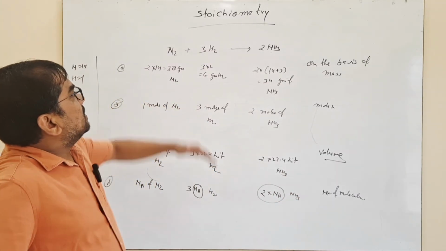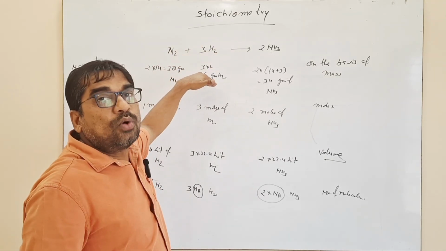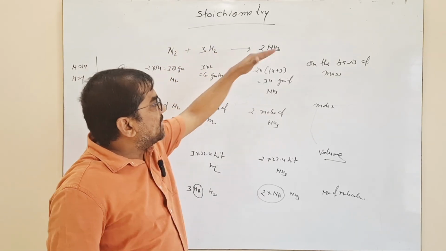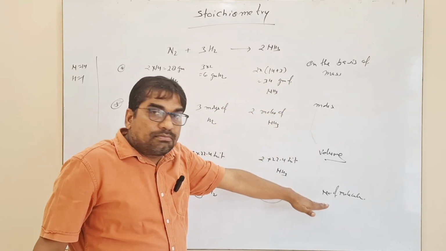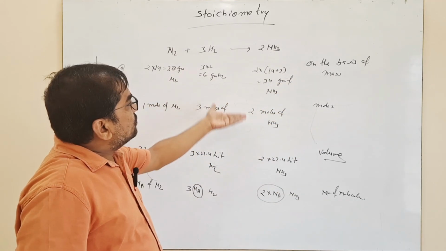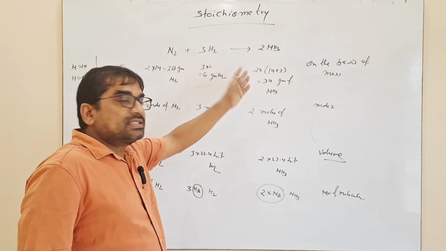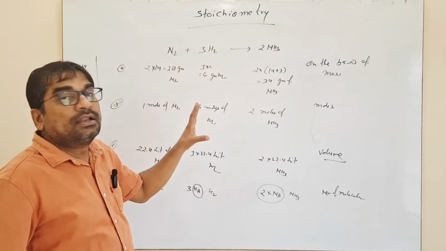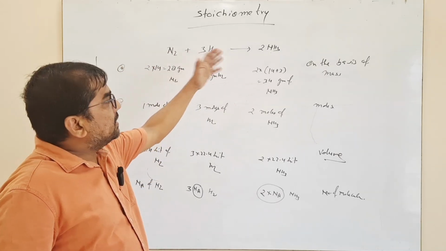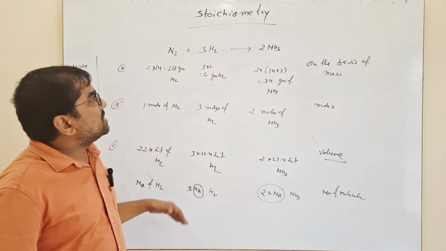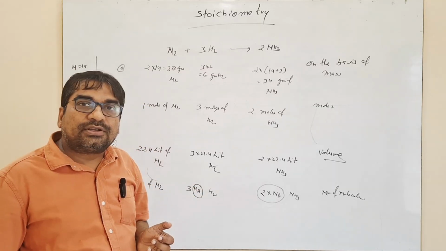So here this balanced chemical reaction establishes quantitative relationship by mass, by moles, by volume, by number of molecules, and also from mass to moles, moles to volume, volume to mass. In different ways we can find out the amount of the reactant used and the product formed. So this is all about stoichiometry and stoichiometric coefficients.